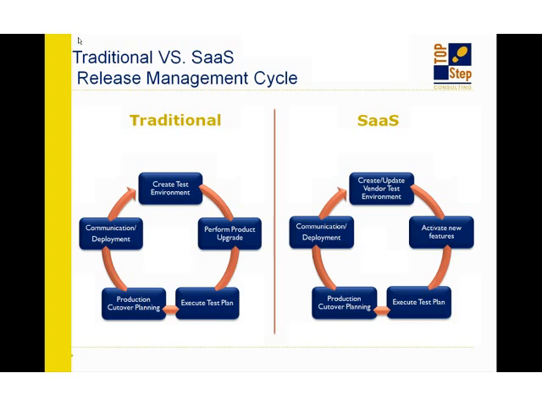So although the execute test plan step is still needed, it's not as challenging as the traditional, but it should still be a full testing window. In some cases, that testing can be done by 1 or 2 people and not an entire team of people.